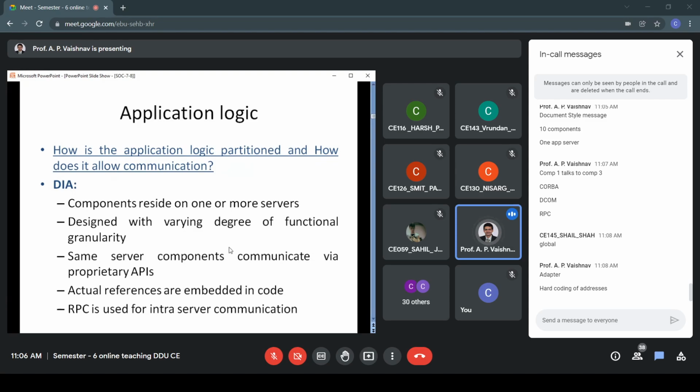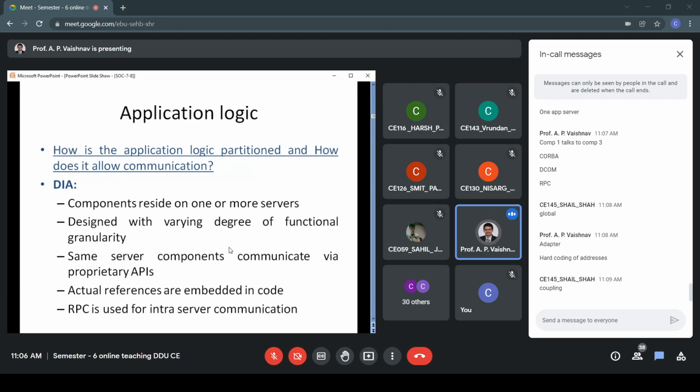I'm hard coding that I'll be calling this component under this situation. What is the problem due to that? Can I say that dependency is going to increase or coupling is going to increase? Yes, right? So that is again a problem. You are embedding the actual references in the code itself, which is not a good design.